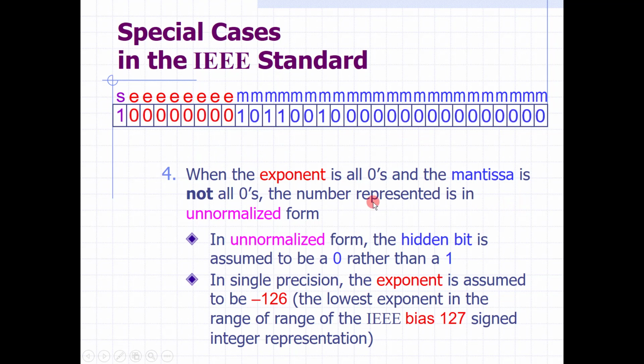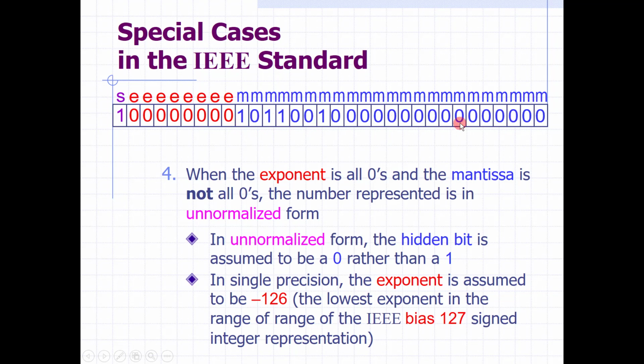Here's another one. I look at this string of 32 bits, and the first thing I do is put my eye on the exponent, and I see that it's a special case because it's all zeros in the exponent. Then I see that the sign is negative. And then if any of the mantissa bits are a 1, I know it's unnormalized form.